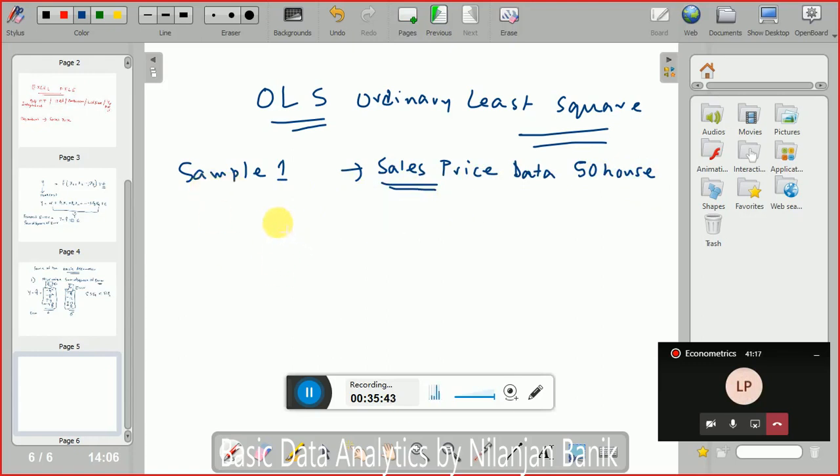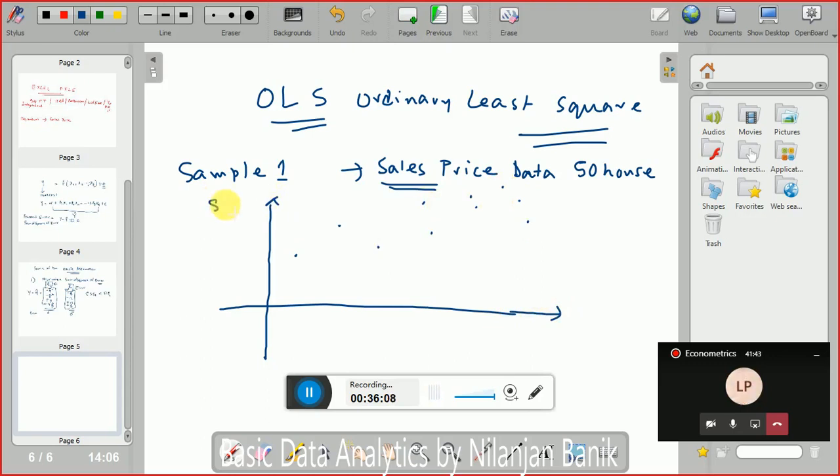Now what happens is, when you are predicting, few things can happen. Let's assume these are my actual prices of the house, this one which I'm writing as dotted line. I will have 50 such dotted lines.